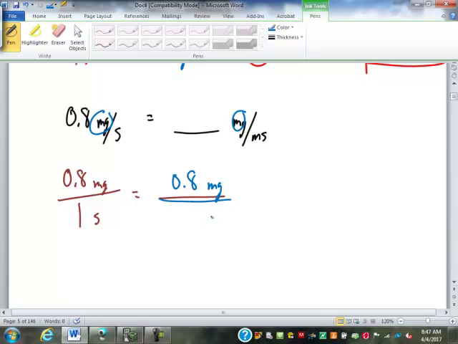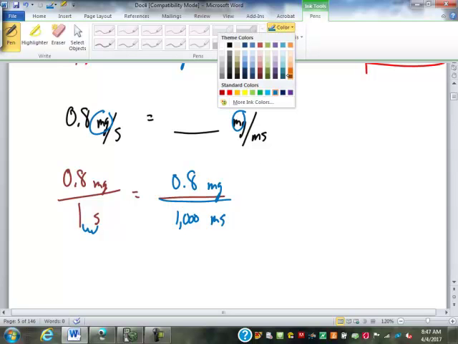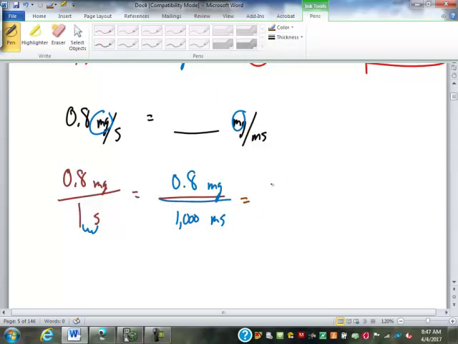The seconds, however, are becoming milliseconds. What's the relationship between seconds and milliseconds? 3 spots there. 1,000 milliseconds. So that's 0.0008 milligrams per millisecond.